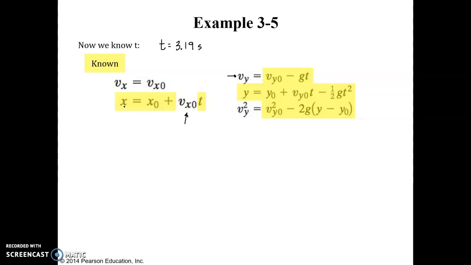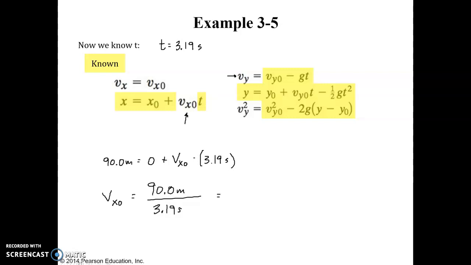So the final x position was 90 meters away from the base of the cliff, equals the initial x position, call that 0, plus vx naught, the initial x velocity, times our time of 3.19 seconds. So solve for vx naught, and that is equal to 90.0 meters divided by 3.19 seconds.